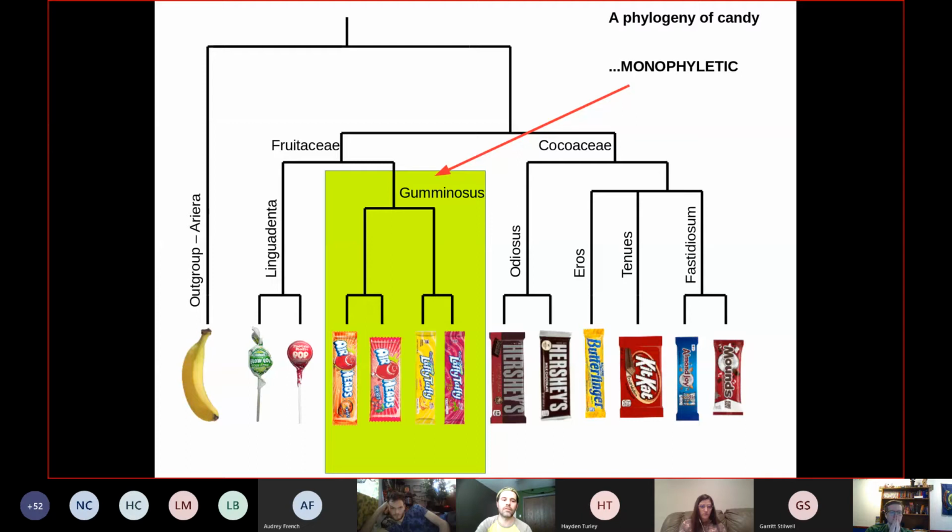Yes. Okay. Is Butterfinger monophyletic? That would be poly, right? Let's take a look. Butterfinger by itself is monophyletic. By itself, it is monophyletic. Yep.